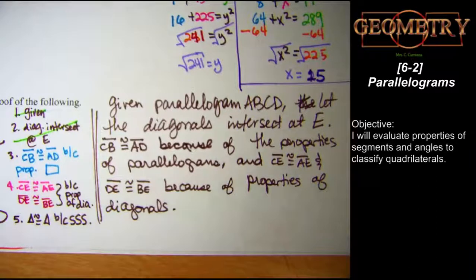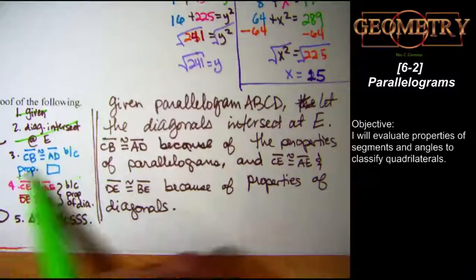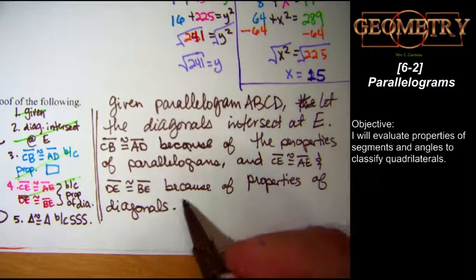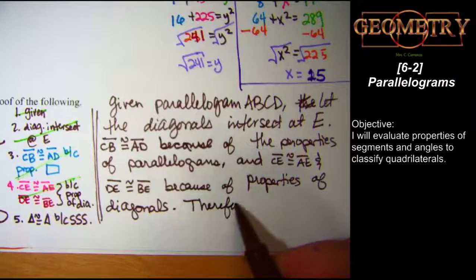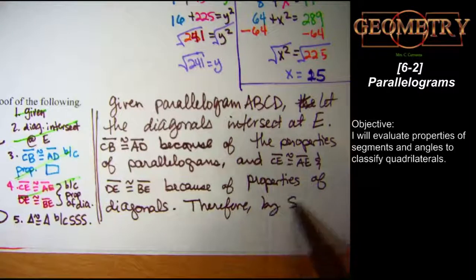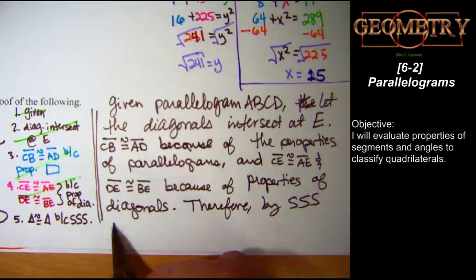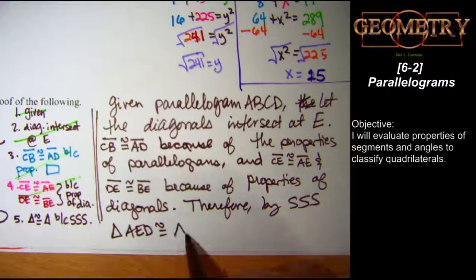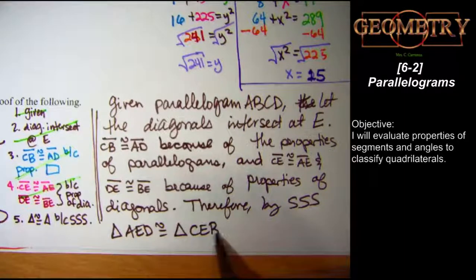We did this one and this one. Therefore, by side, side, side, triangle AED is congruent to triangle CEB. And we're done.